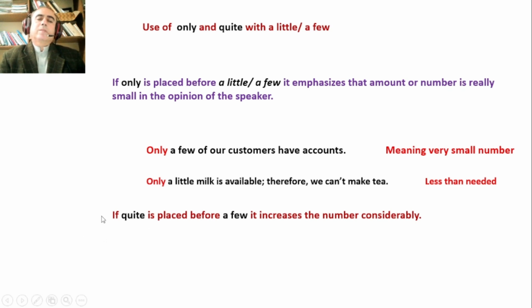If quite is placed before a few or little, it increases the number considerably. Quite plays the role opposite to only. Only gives a sense of further smallness, and quite gives the sense of increase in the number of something.